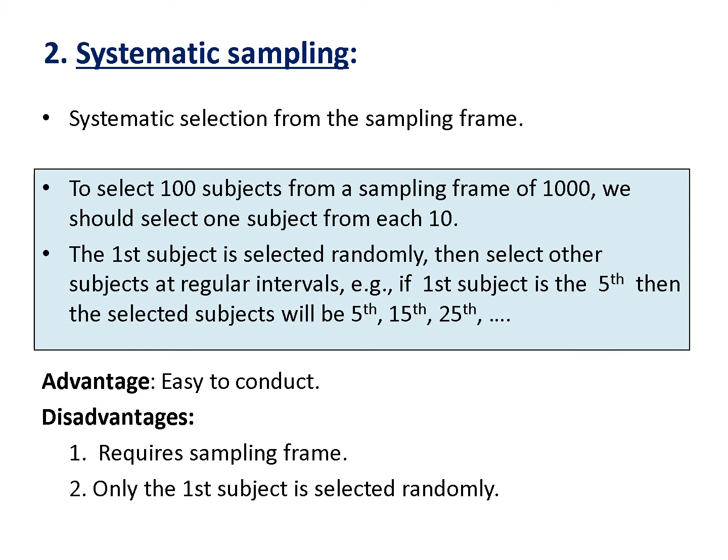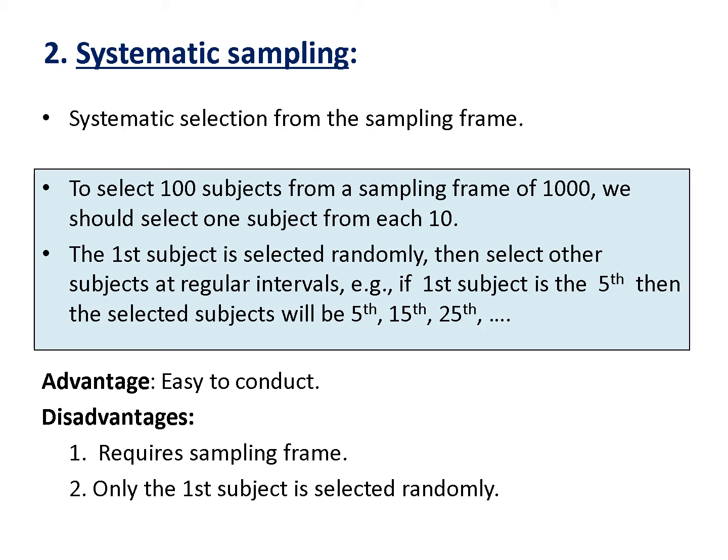The second type of probability or random sampling is systematic sampling. Also, we do it from a sampling frame, so it needs a sampling frame. It means that we have to put the whole study population in the sampling frame, and we have to know all of them.